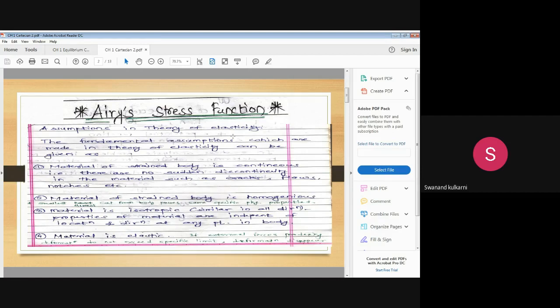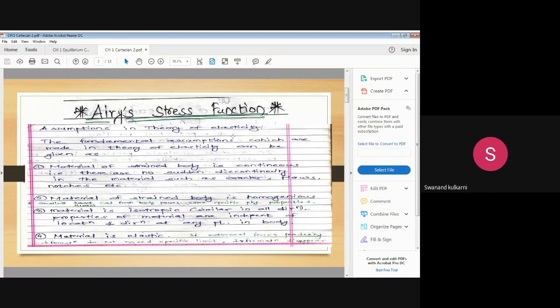So already, starting with this chapter of Cartesian coordinate system, we have completed starting with the elastic constants. Different elastic constants: E, mu, G, K. The relationship between these elastic constants we have established first. Then secondly, starting with these elastic constants, we have seen what is meant by equilibrium condition, and with reference to equilibrium conditions, we have identified the unbalance.